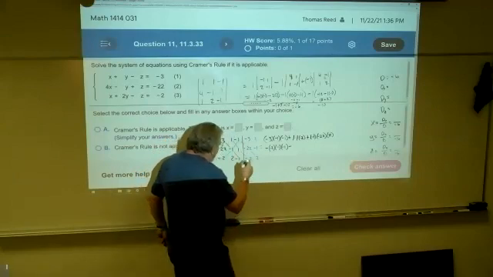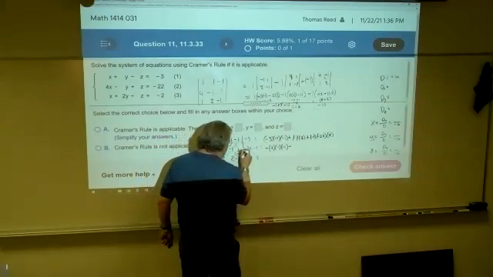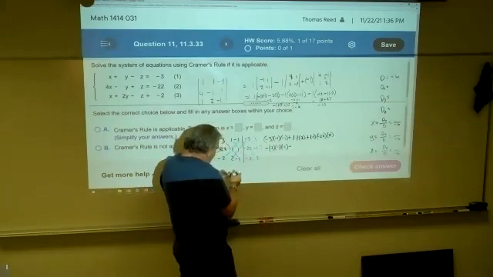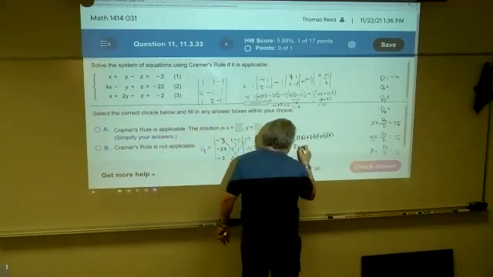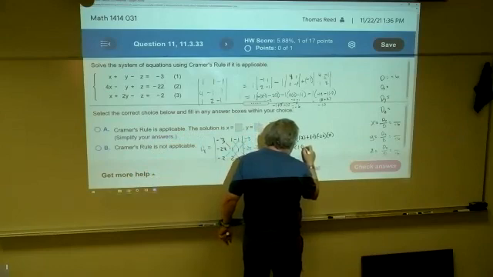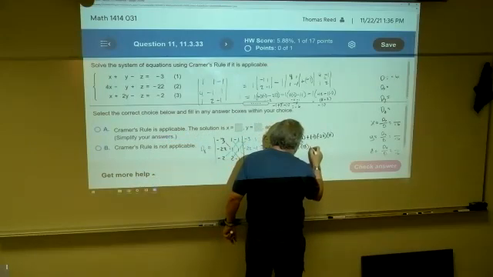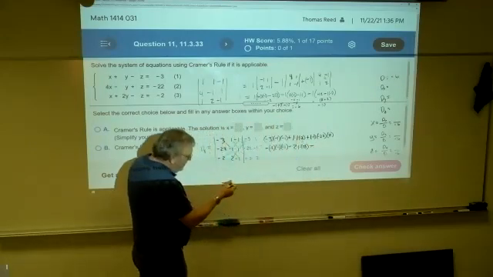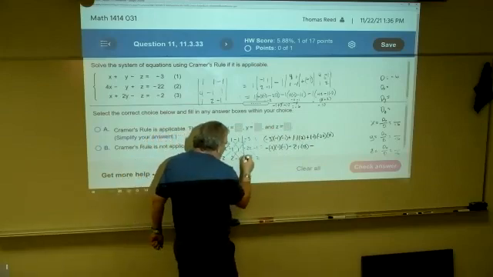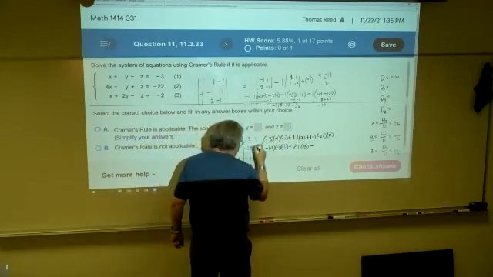And now the next diagonal goes from 2 to 1 to 3. So that's going to be 2 times 1 times negative 3, minus the product of the last diagonal, the third diagonal going in that direction.